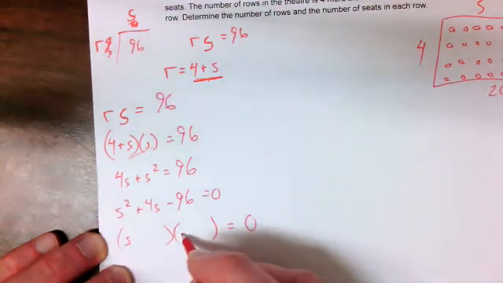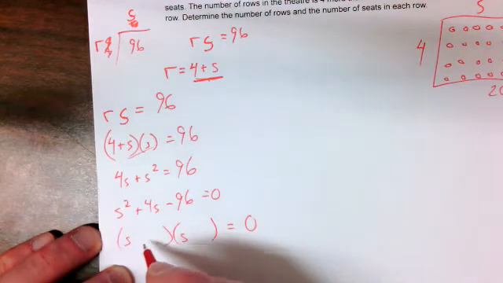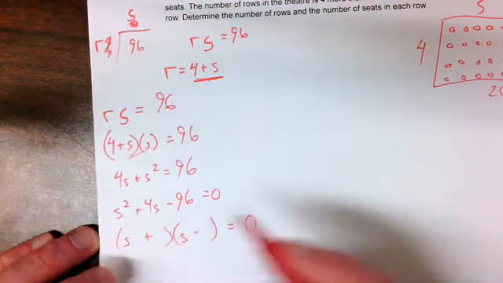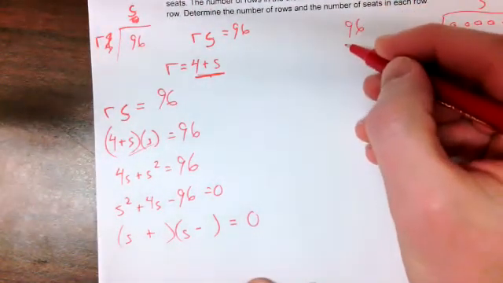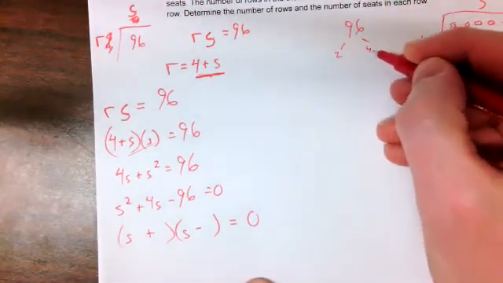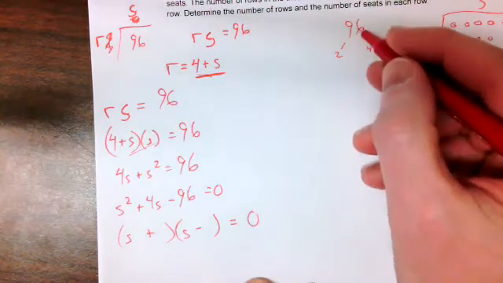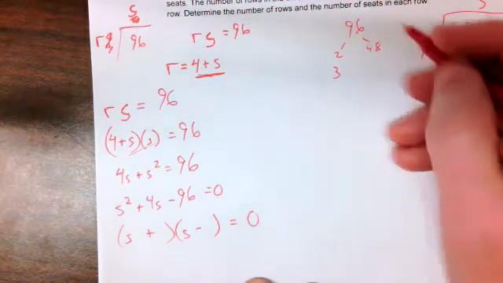So S and S. This is going to be a positive and a negative. 96. That's 2 times 48, or 3 times 32.